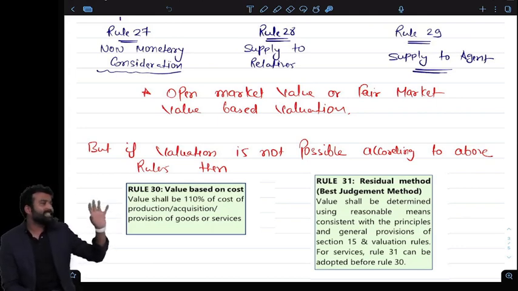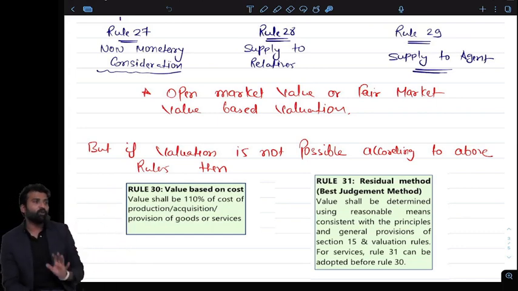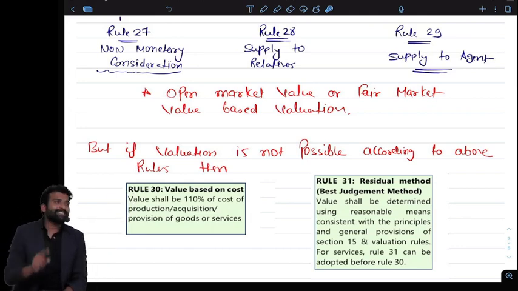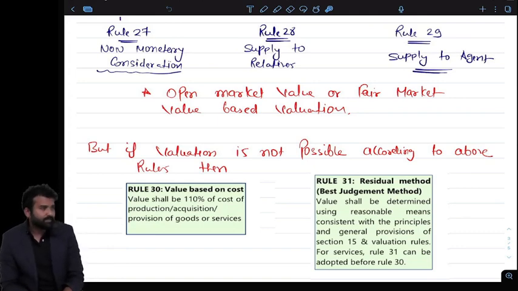That means what is the genuine market value of that commodity. That will be the value for the purpose of GST, not the actual price. We have to look at the market value rather than the actual price if the price is not the sole consideration, or if the buyer and seller are related persons. We will go for open market value based valuation.